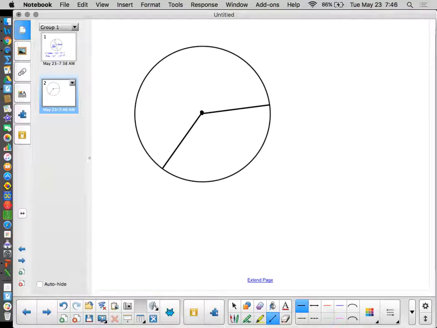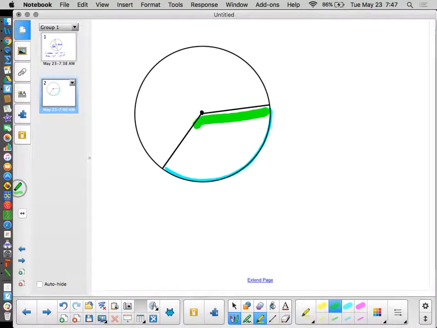But in both these cases, what we're going to be looking for is maybe just this length of the circle, right here, or maybe I want the area of this portion of the circle. But either way, we're looking for a part of the circle and not the whole circle, just a portion of it.